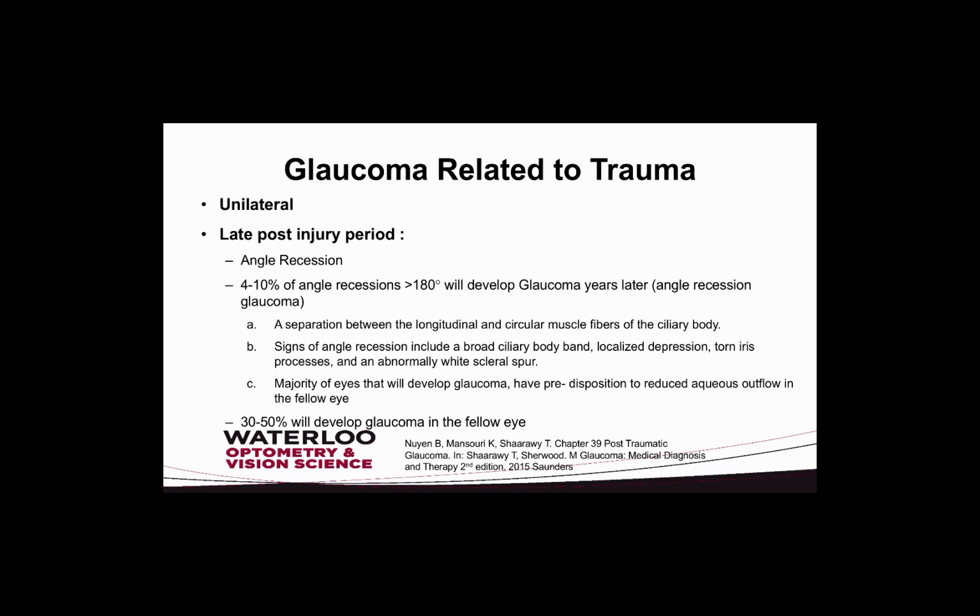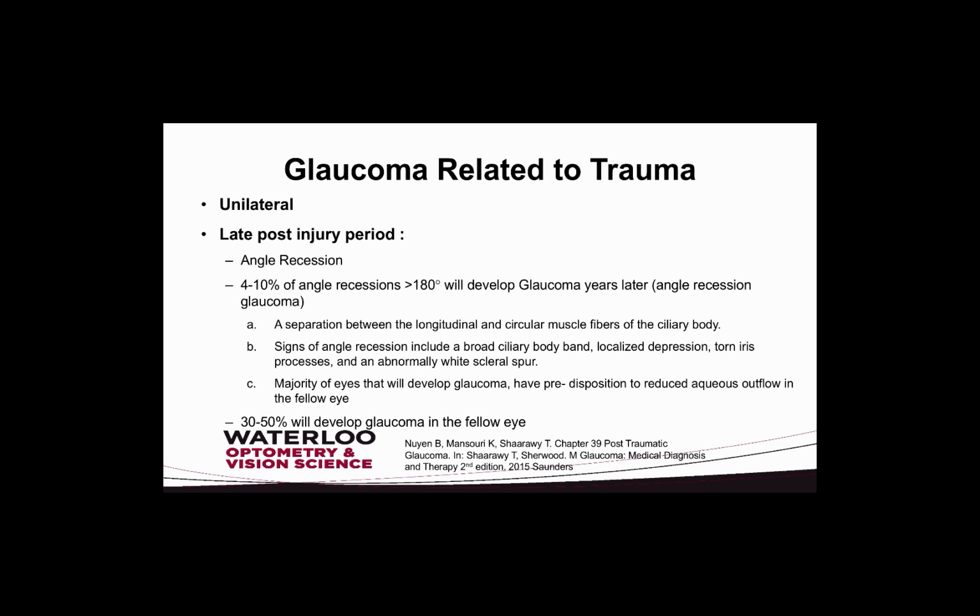What's interesting is that these patients that have angle recession and go on to develop glaucoma will develop glaucoma in the fellow eye up to 50% of the time years later. So it's thought that this development of glaucoma that's precipitated by angle recession at the onset is more likely to happen in somebody that was likely to have gotten glaucoma anyway, just later down the line.